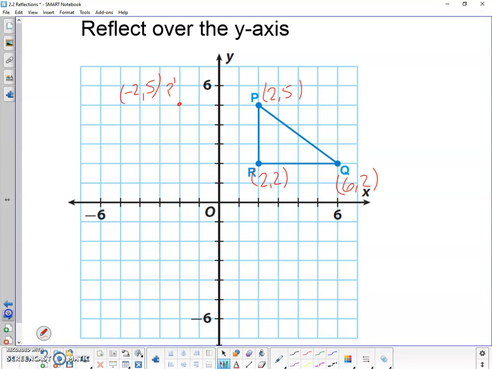Where is R prime going to end up? Negative 2. It's going to flip over, so it's going to be negative 2, 2. And Q?